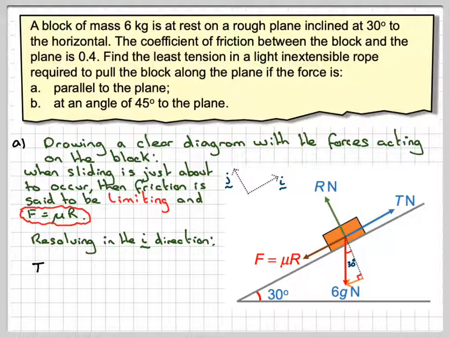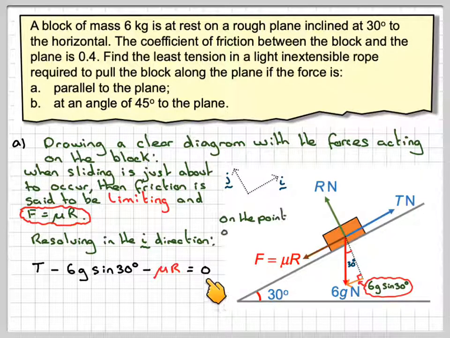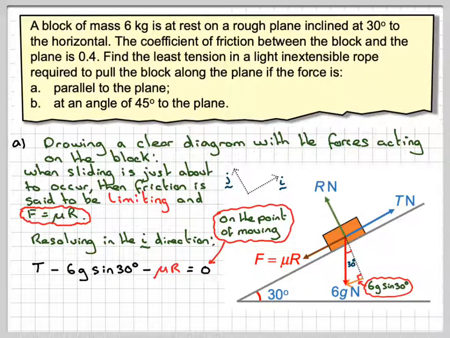This is going to be 6g sine 30. Remember, this angle here is always the same as this angle here. We've also got the friction acting against the direction it's trying to move. Don't forget, it's not actually moving, but the friction will be acting in that direction, so it's minus mu R. This is equal to 0, so it's in equilibrium because it's just on the point of moving. We'll call that equation 1.